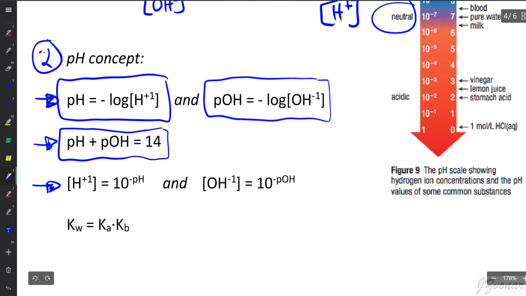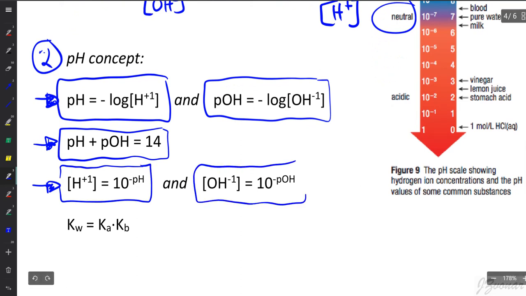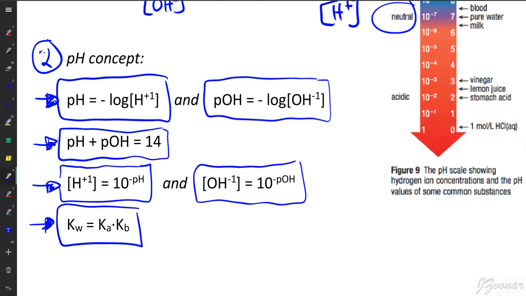We can also find the concentration of hydrogen ions by taking the inverse, which is 10 to the negative pH. If you're given the pH, you can determine the concentration of hydrogen ions. Likewise, if you're given the pOH, you can find the hydroxide ion concentration. And lastly, Kw is equal to the product of Ka times Kb. All very simple formulas that we need to be able to use and recognize.